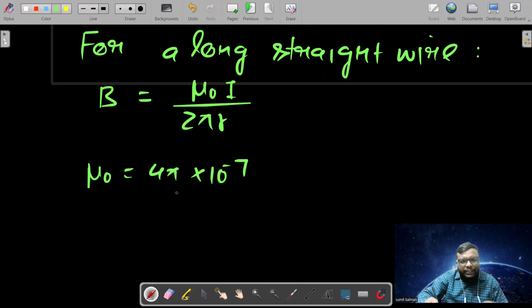We have current given 5 ampere and we know the distance r also. So we will substitute all these values in the expression of magnetic field.